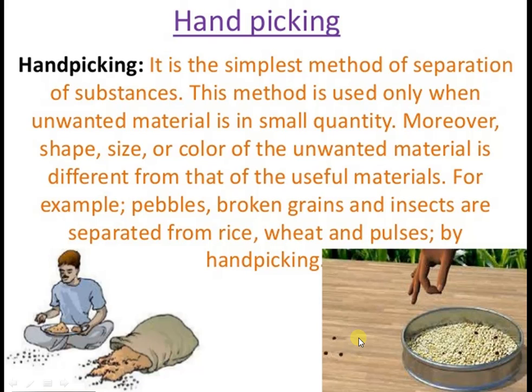Moreover, the shape, size or color of the unwanted material is different from that of the useful materials. For example, pebbles, broken grains and insects are separated from rice, wheat and pulses by hand picking.